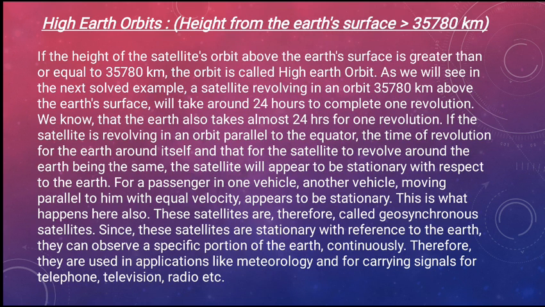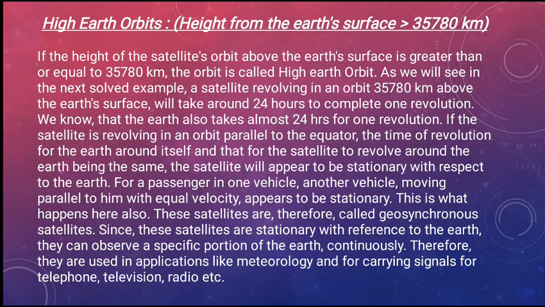Now let us see the three types of Earth orbits. The first one is the high Earth orbit. The height from the Earth's surface is greater than 35,780 kilometers.